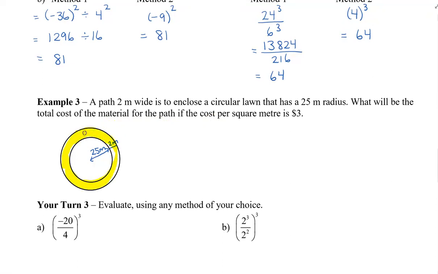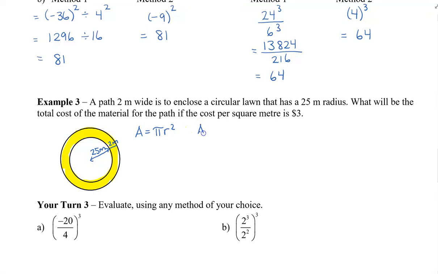So to find the area of this yellow path, we need to find the area of the bigger circle and then subtract the area of the smaller circle, and then we'll have the area of the highlighted part. So recall that the area of a circle is pi times r squared.